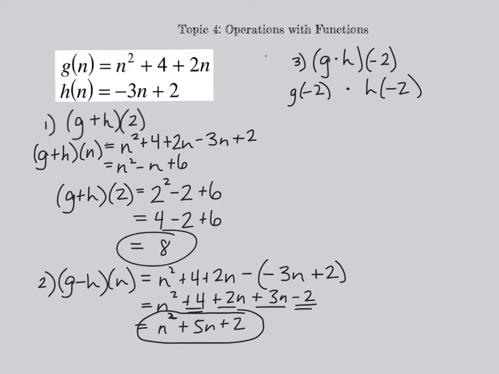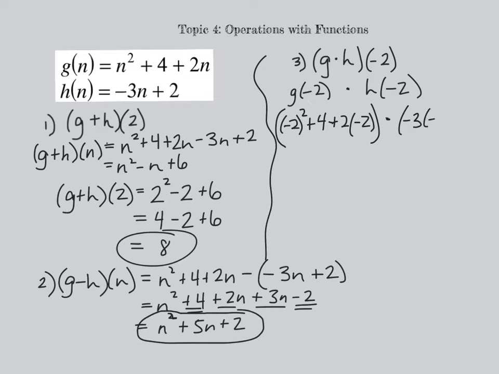All right, if we plug in -2 for g, we'll have -2 squared plus 4 plus 2 times -2. So it's our first one, g of -2, times h of -2 would be -3 times -2 plus 2.